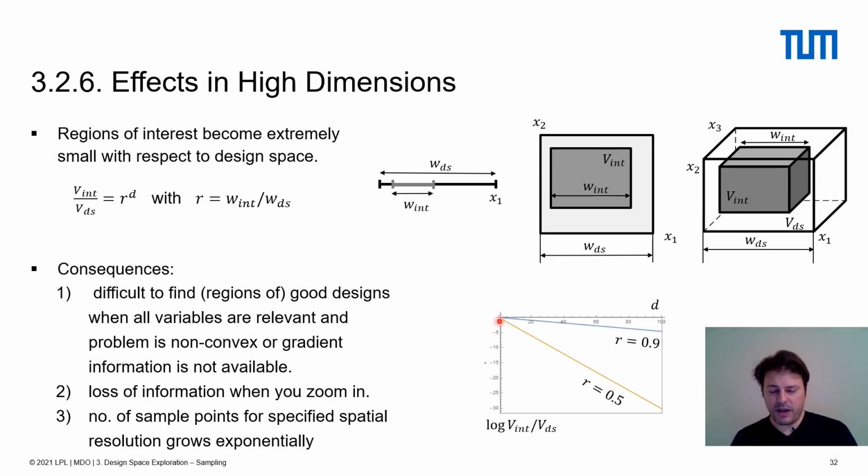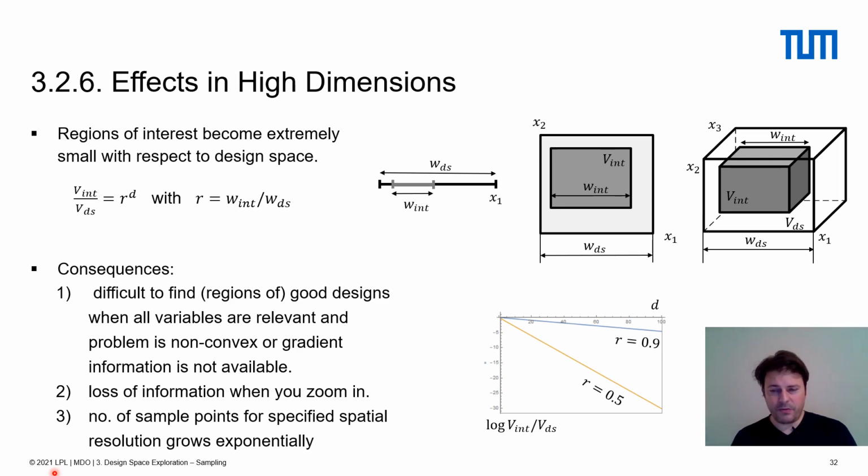Then the volume ratio of region of interest and design space would be this. And when you look at 100 dimensions, for example, the volume ratio would be 10 to the power of minus 30. So in other words, although for each design variable, the interval ratio is pretty big, it'll be extremely difficult to find that little pocket of region of interest in your design space.